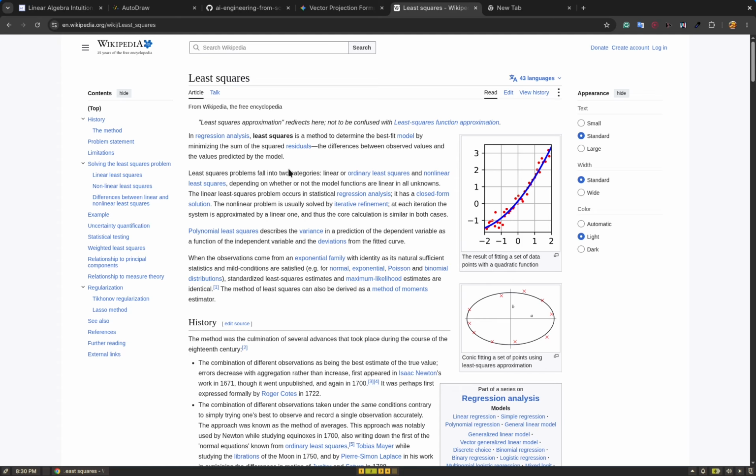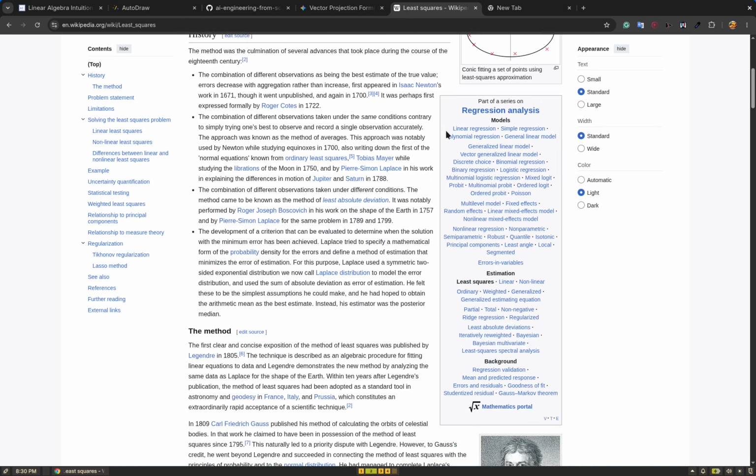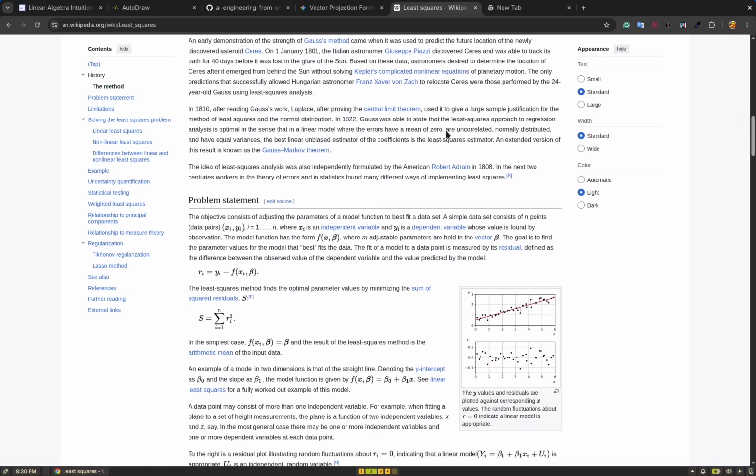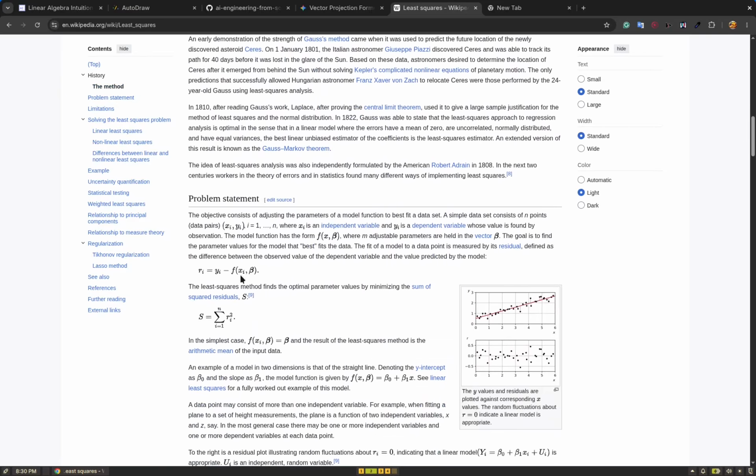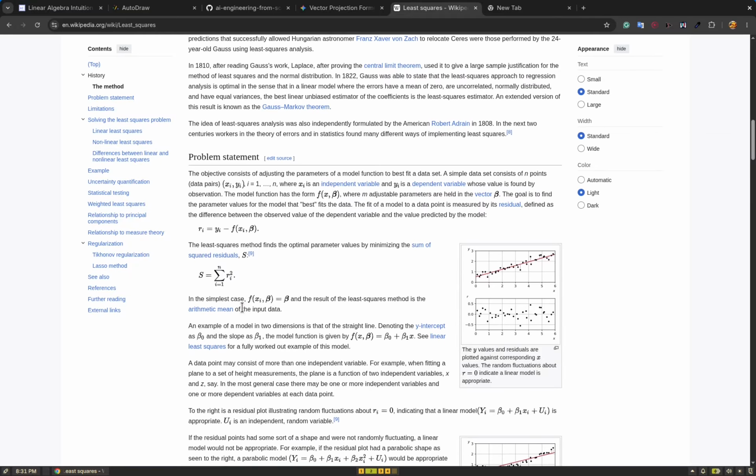So it is regression, least square approximation. I shouldn't be confused with that. It's basically the sum of the squares, meaning every single dot, the sum of the squares of the dots.